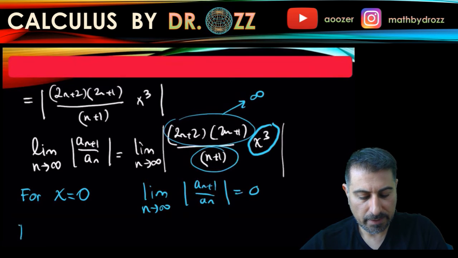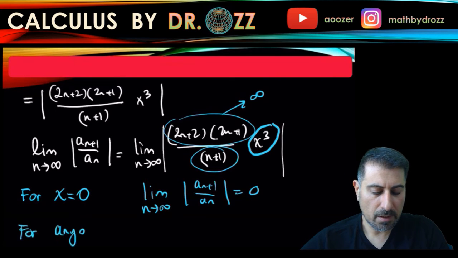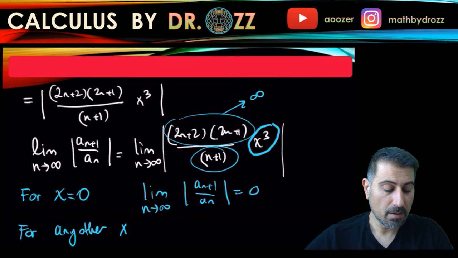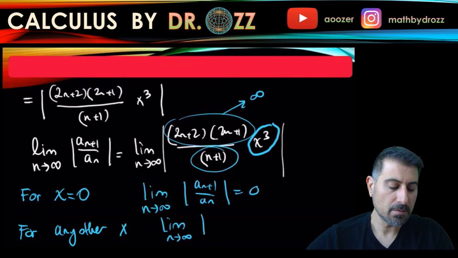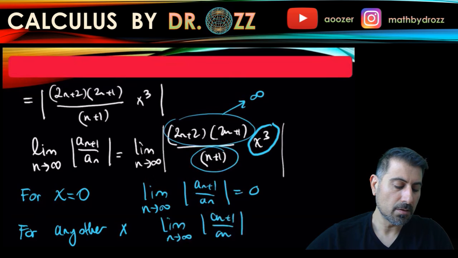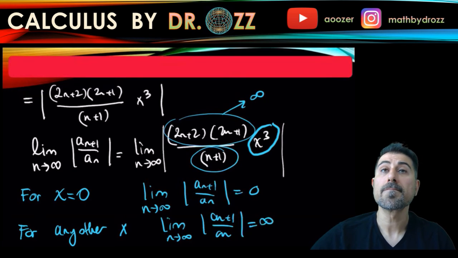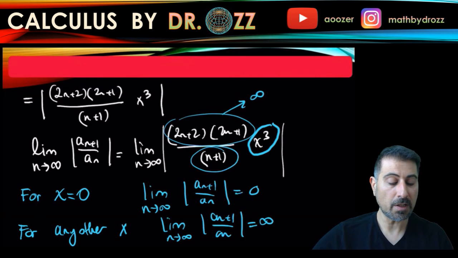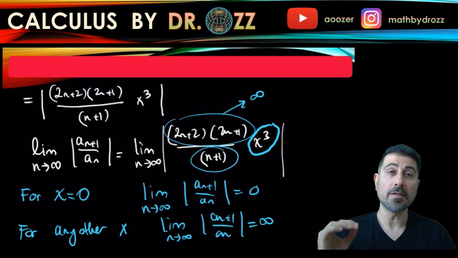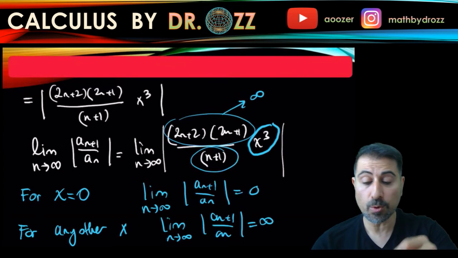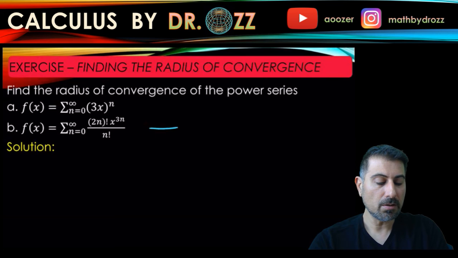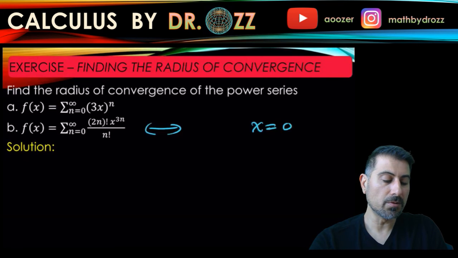So for any other x, this limit is infinity. The ratio test says it diverges for any other x. In other words, the power series converges only for x equals 0.